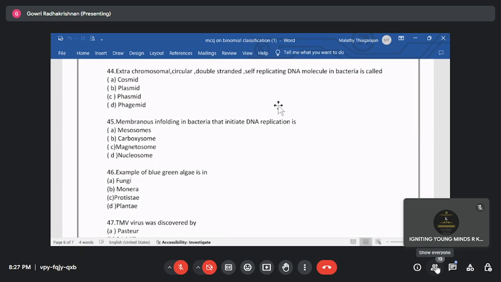Plasmid, ma'am. Plasmid. See, they have got some extra circular, double-stranded DNA molecule in bacteria, that is plasmid. Then question number 45. Membranous infolding in bacteria that initiate DNA replication is? Mesosomes, ma'am. Mesosomes, correct.